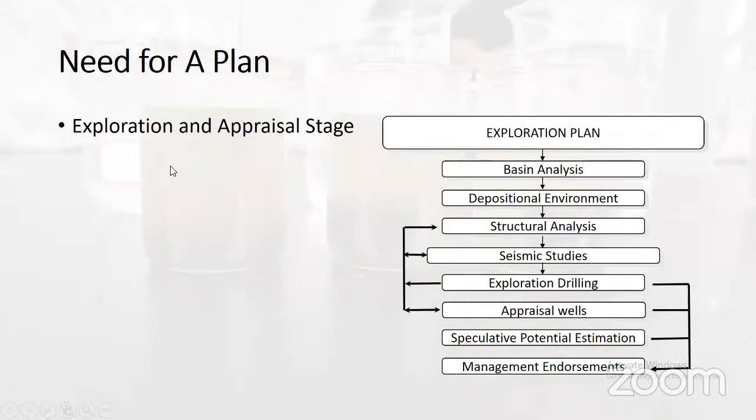So we have 3 stages in the life of the reservoir. We have the first stage, which is the exploration and appraisal stage. The plan for exploration and appraisal includes basin analysis, depositional environment analysis, structural analysis, seismic studies, exploration drilling, appraisal wells, and potential estimation, to estimate the potential of the reservoir depending on all of that information.